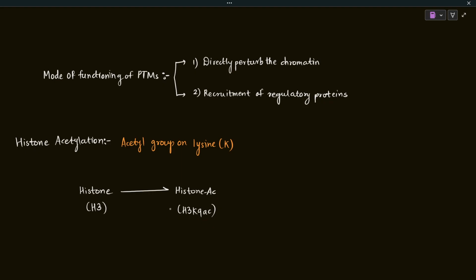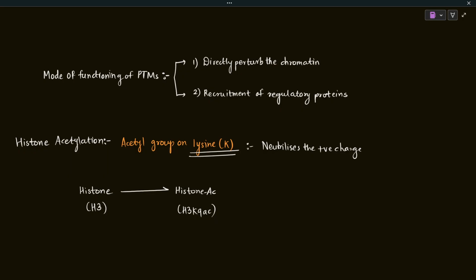Whenever an acetyl group is added on the lysine of the histone, it neutralizes the positive charge of the histone. Why? Because lysine is a positively charged residue, so the addition of the acetyl group, which is a negative group, neutralizes the positive charge on the lysine.